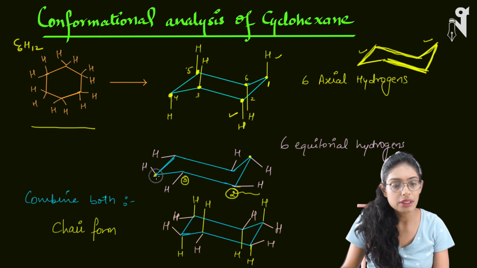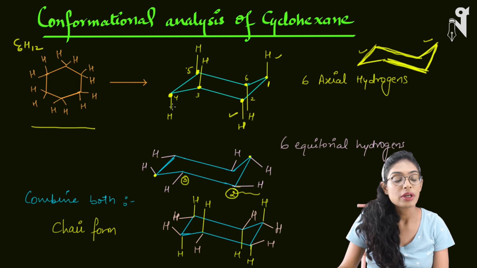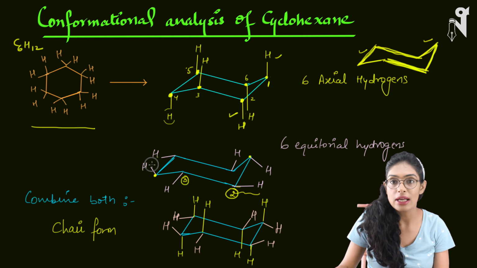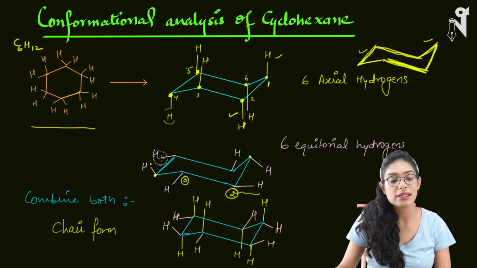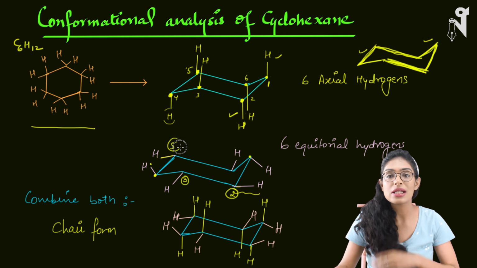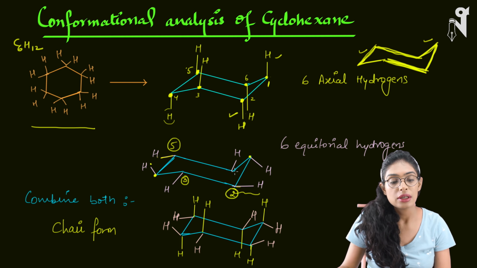Similarly, look at the fourth carbon. The fourth carbon's hydrogen is down, so your hydrogen slants upwards over here. Look at the hydrogen on the fifth, it is up, so your hydrogen slants down. Look at the sixth carbon.